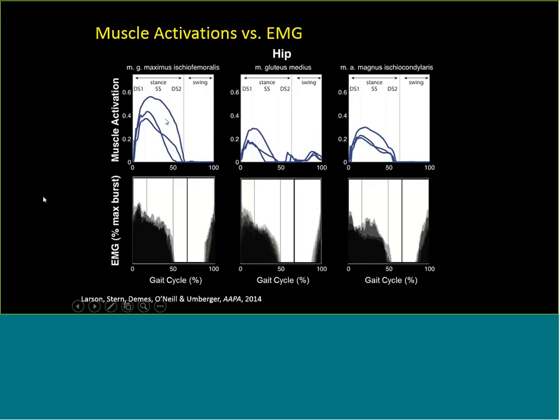And then this is average EMG data in the bottom row from 3 individuals as well. In the analysis I'm going to be showing you in a moment, that's based on the gluteus medius, so this middle column during the stance phase. There's reasonably good agreement between the predicted activations and when we would expect the muscles to be activated based on the EMG data.